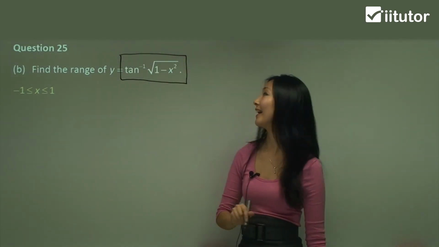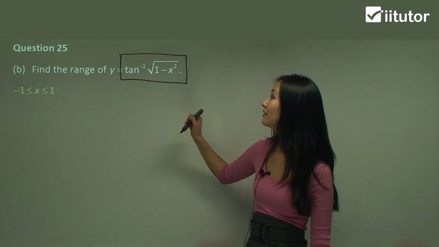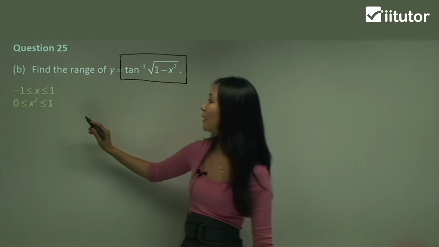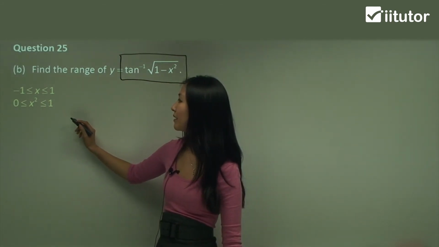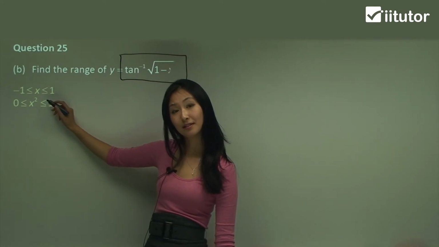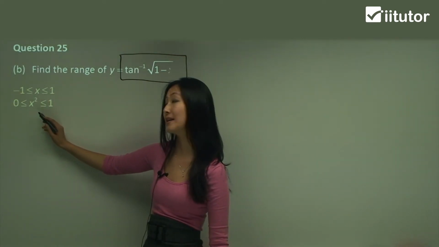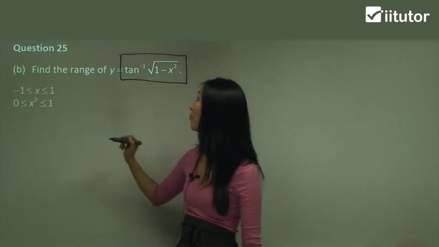Yeah? Okay, well the first thing we want to do is make it x squared. So squaring that, it's going to be between 0 and 1 because it makes it positive. Yeah, x squared makes a positive, so it gets rid of the negative values. It now must be between 0 and 1.